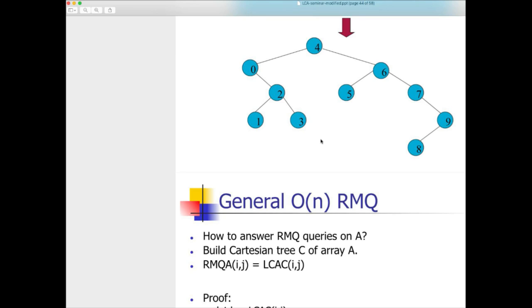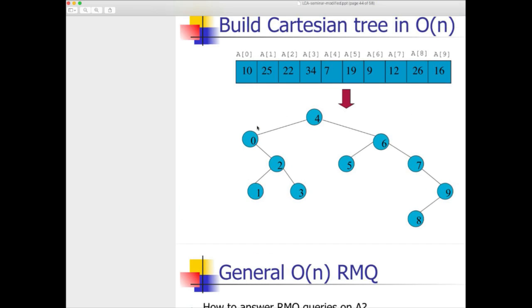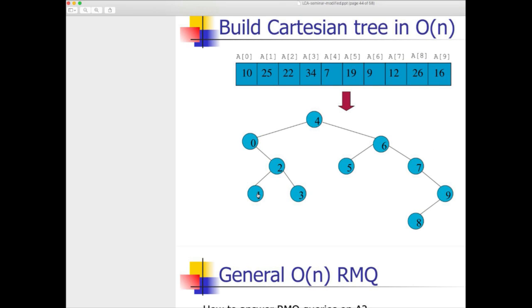So it would give you the answer to the range minimum query of A of 1 through A of 5, which would turn out to be A of 4 from the LCA problem, and hence would be 7. So it kind of went back one level at a time.